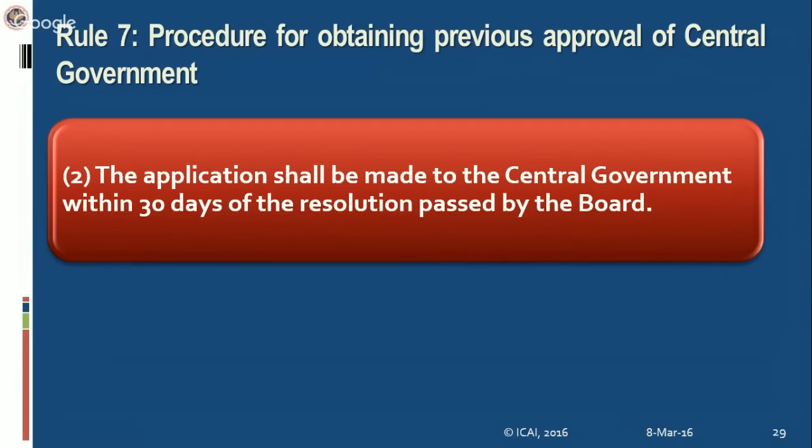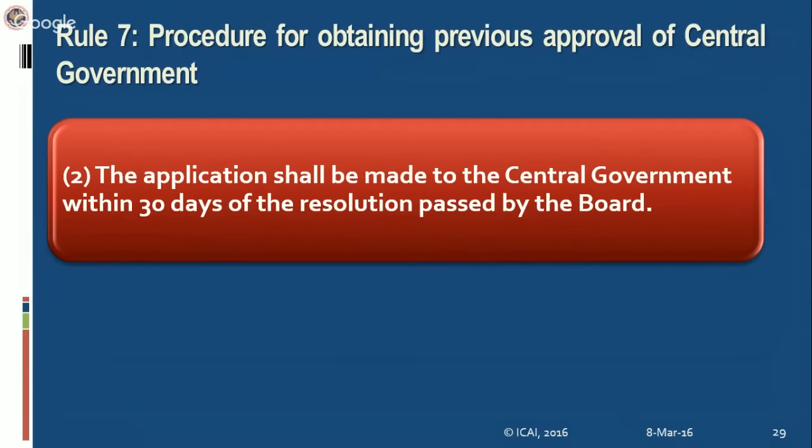That application to the central government will not have been made without the resolution of the board of directors, isn't it? So the application shall be made to the central government within 30 days of the resolution passed by the board.